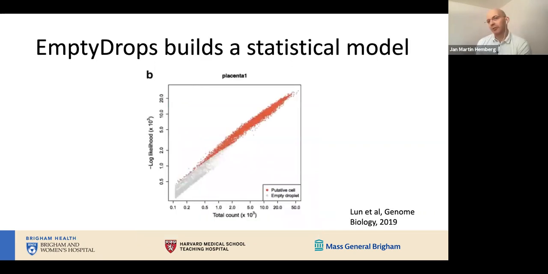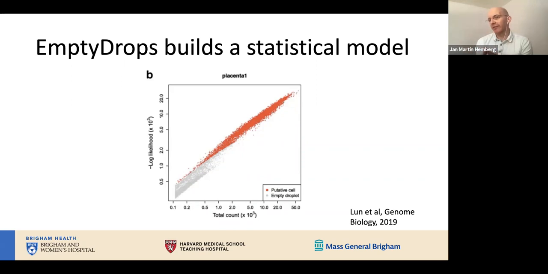There are, of course, more sophisticated methods for doing that. One example is the EmptyDrops method, which uses a Dirichlet model to build a model of the background distribution. That allows them to look at the contents of each droplet and compare it to this presumed background.